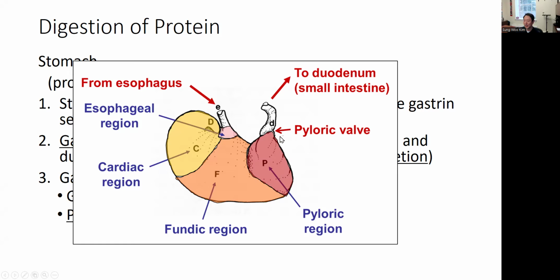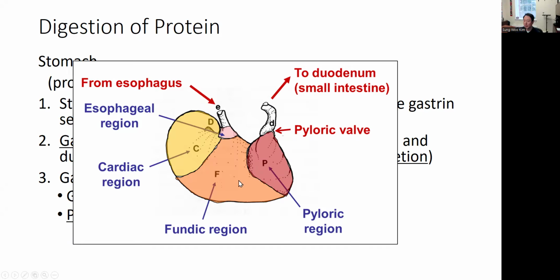The pyloric region is connected to the pyloric valve, controlling the movement of digested food from the stomach into the duodenum. Except for the esophageal region, all others, cardiac, fundic, and pyloric regions, secrete mucins.